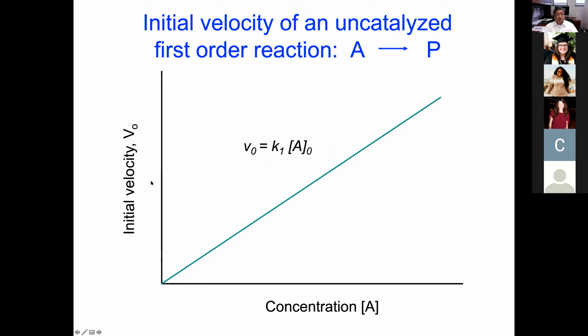So for the initial velocity, at any point at a certain concentration, you can calculate velocity by multiplying the concentration of A by the rate constant of the reaction. So this is for the uncatalyzed reaction.